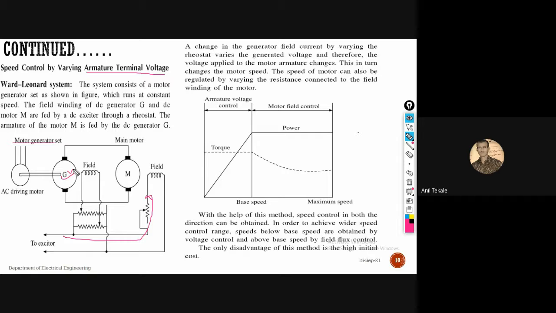So how will it change? If we control the armature voltage up to the base speed, your power will be the maximum value. However, when we start to increase the speed, the torque will decrease. This is speed control which is easily available for both directions.